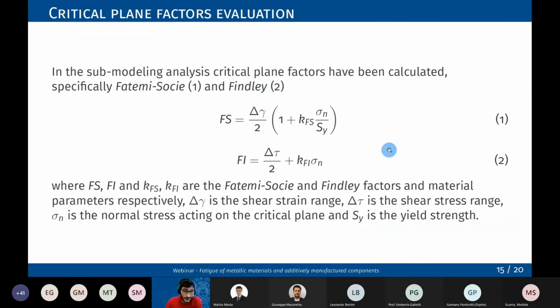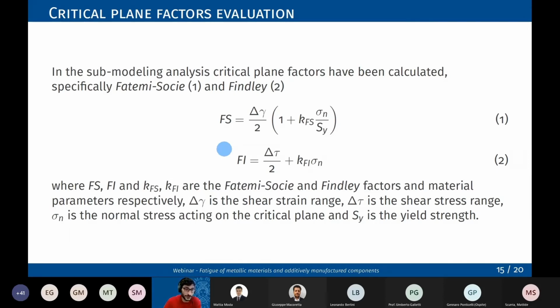We are calculating critical plane factors, specifically the Fatemi-Socie and Findley critical plane factors. I don't want to speak too much about them. They depend both on the stress and strain inside the material, and also on material parameters. We did not run the script for evaluating the critical plane factors all over the submodel, but only in the most critical cross section.